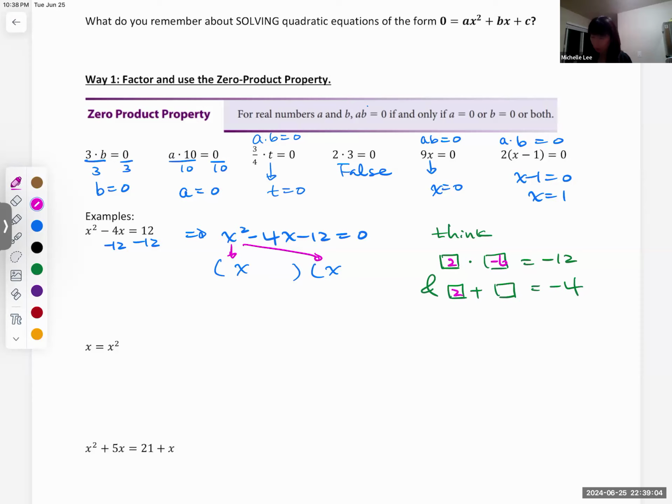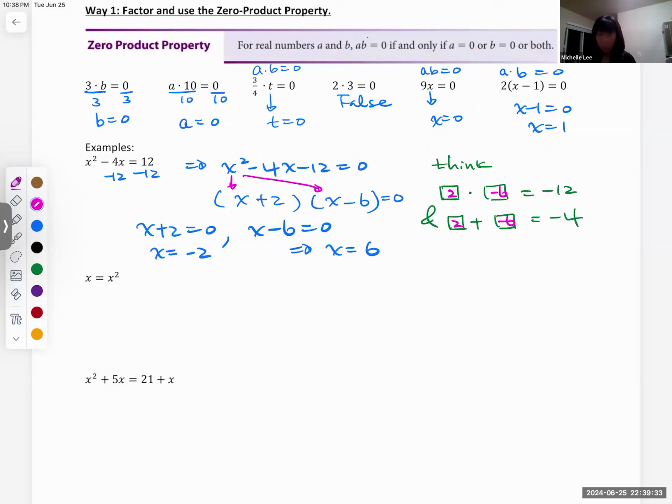So 2 plus negative 6 is negative 4, right? So we have x plus 2 times x minus 6 equals 0. Then by the zero product property, we have x plus 2 equals 0 and x minus 6 equals 0. So x equals negative 2 and x equals positive 6.